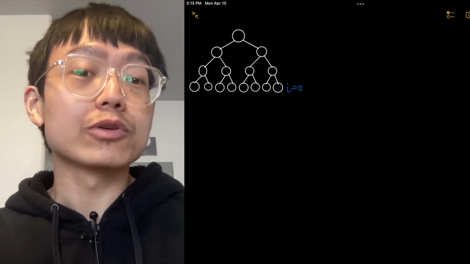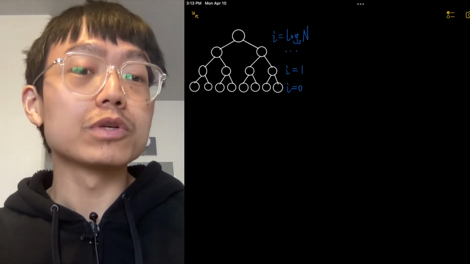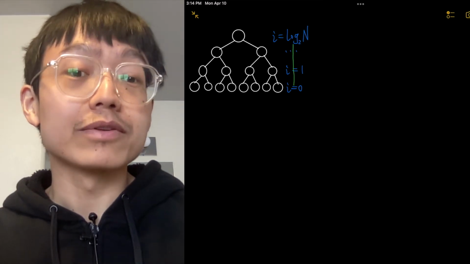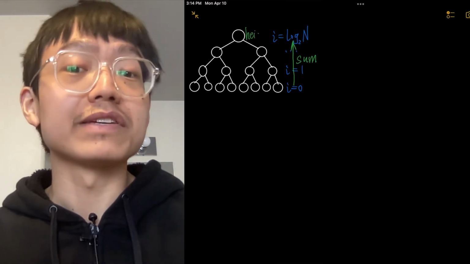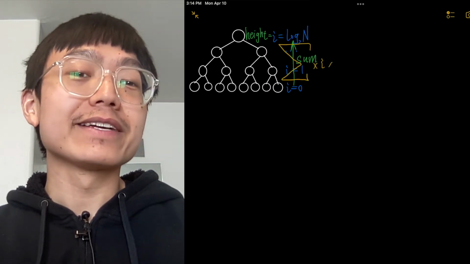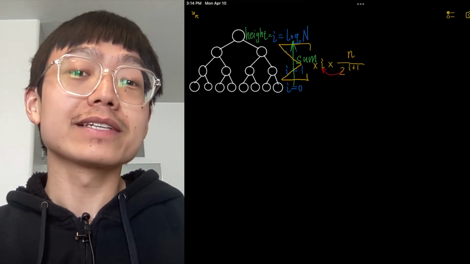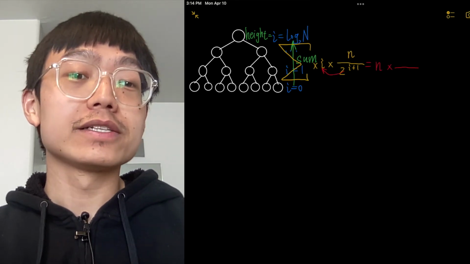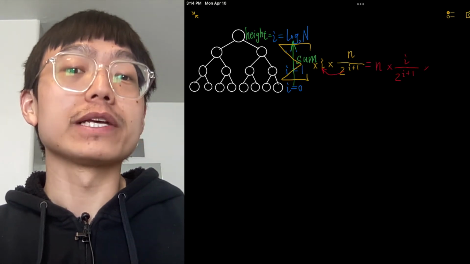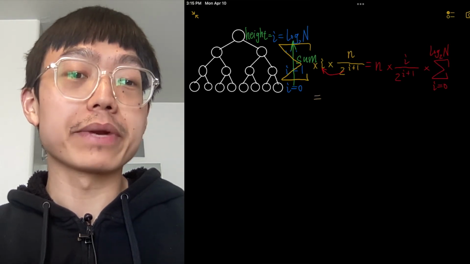So if we want to find the time complexity of the heapify operation, what we should do is sum up the time complexity of each layer. What equation should we get? We start with i equal to 0 up to the maximum of i equal to its height, log base 2 of n, and if we write the expression for each layer, then we can get the expression of total time complexity.